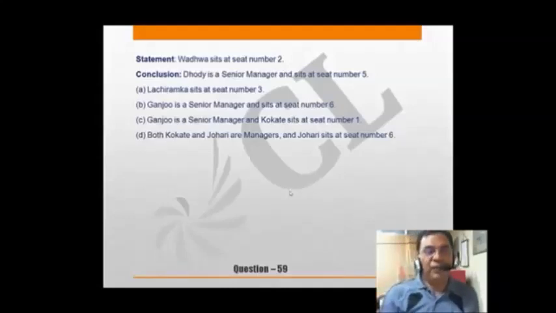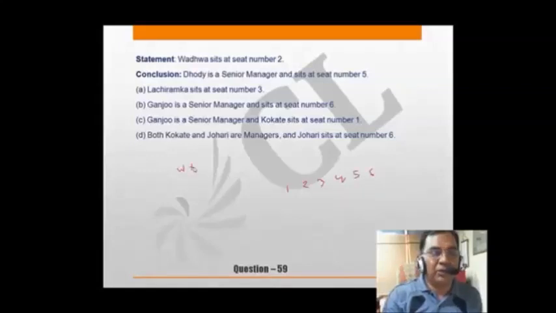Oh, this is a different kind of question. Again, every time I'll have to draw and check. Vadhva cannot sit next to Dhodhi. 4th is a manager. By using which statement can I say this is definitely true?